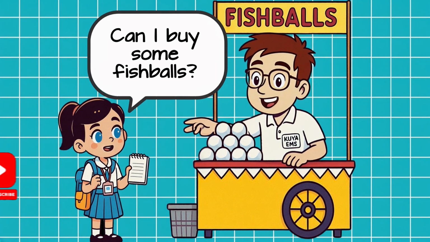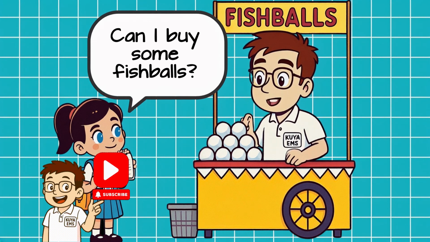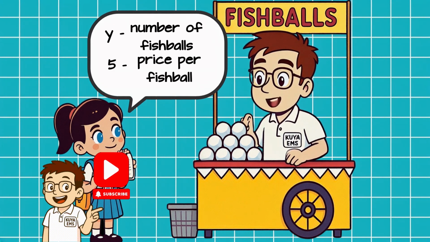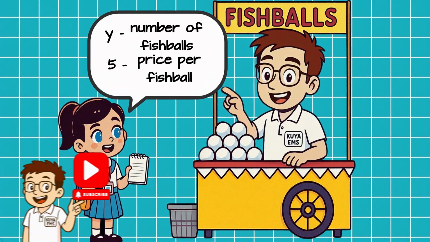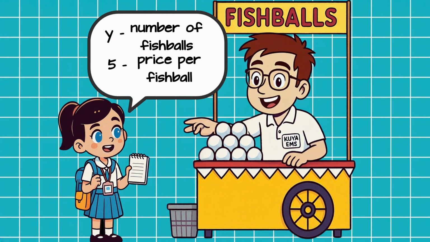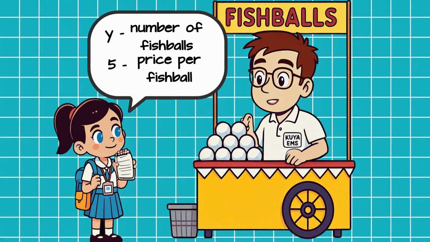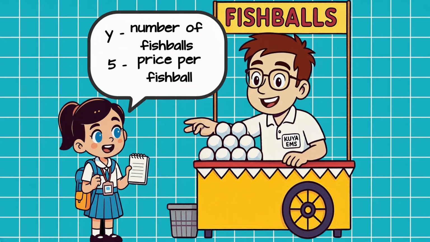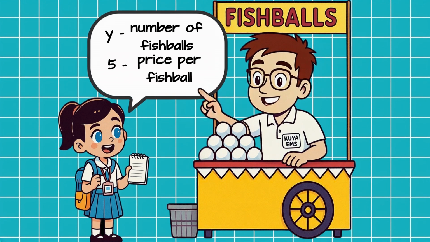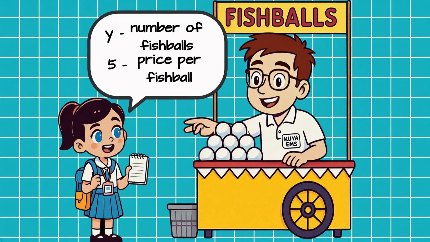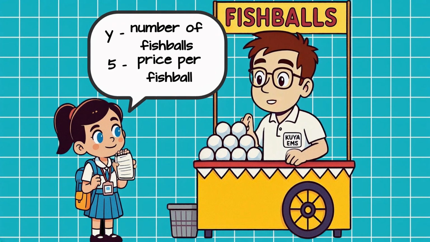Another example. Anna bought y number of fishballs at 5 pesos each. Show the algebraic expression for the total cost. So you may notice here that we use a different letter for the variable. We're now using y. But it doesn't matter. Even if it's x or y or any other representation, its function stays the same, to represent a value that may change.